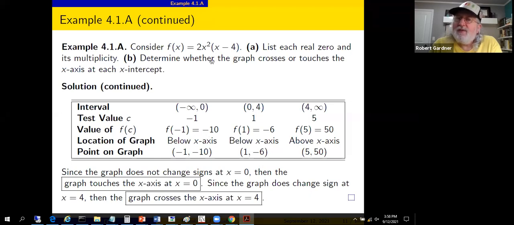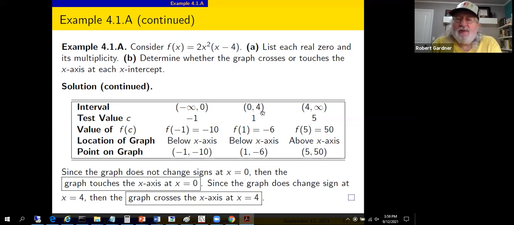Plug -1 into the function, get -10 out. So at this point in the interval negative infinity to 0, the function is negative. Well, it must be negative throughout that interval. That is, the graph must be below the x-axis throughout that interval, because it's below the x-axis at this one point, we got a negative value out.